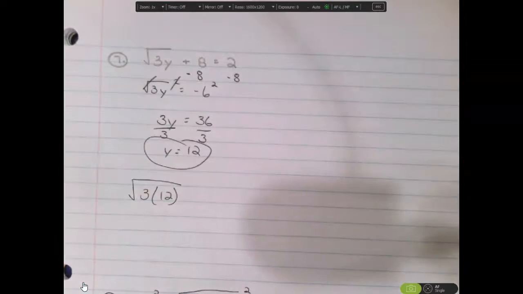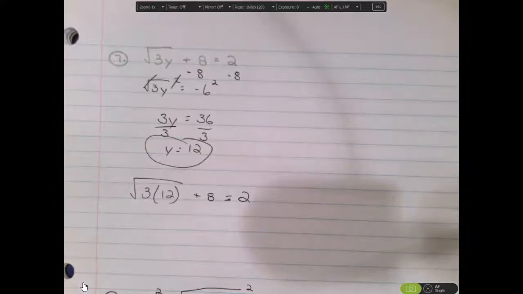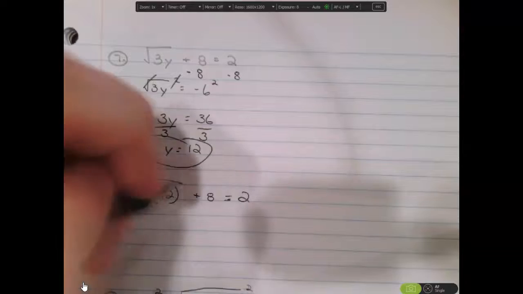Done, right? Think again. Plug it back in. 3 times 12, all underneath the square root symbol, plus 8 equals 2. Solve. Okay? Simple enough. I want to simplify the left side first because the right side's already done, and it's 2. 12 times 3, we just did that. That's 36.